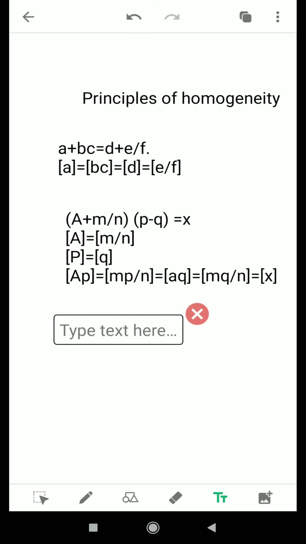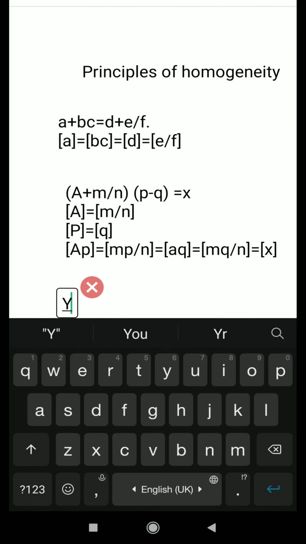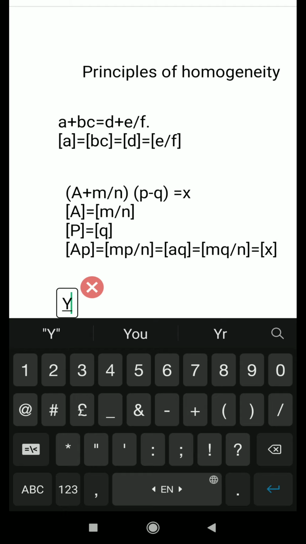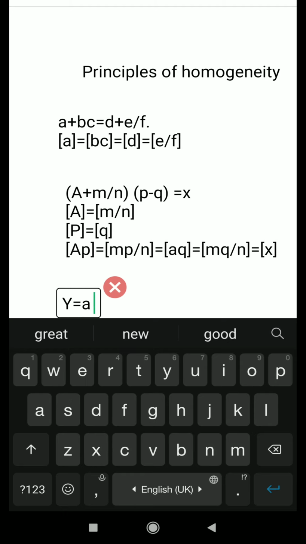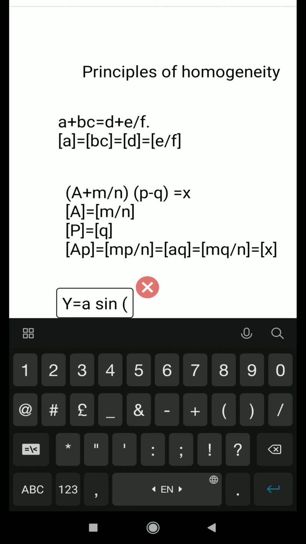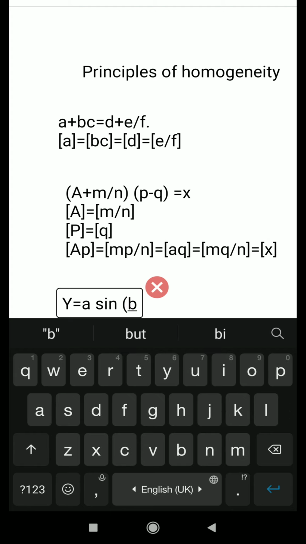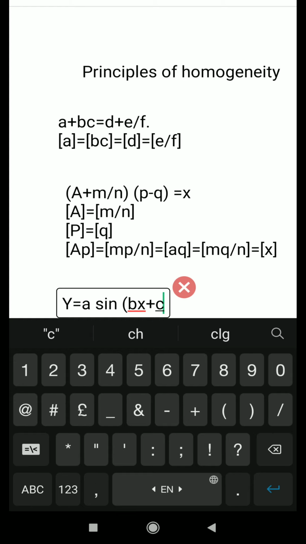Next, I should tell you about another equation. Suppose an equation is given such that y equal to a sine bx plus c.